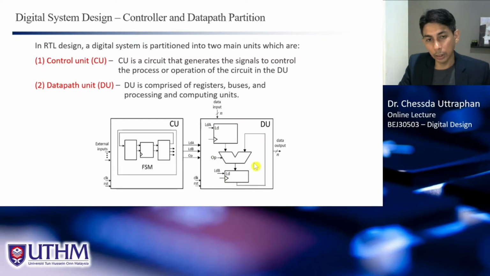So to control the sequence of the operation in this circuit, we need another circuit called the control circuit or control unit, or sometimes we call it the controller. This control unit is actually a finite state machine, or FSM, which we also have learned in chapter 4.